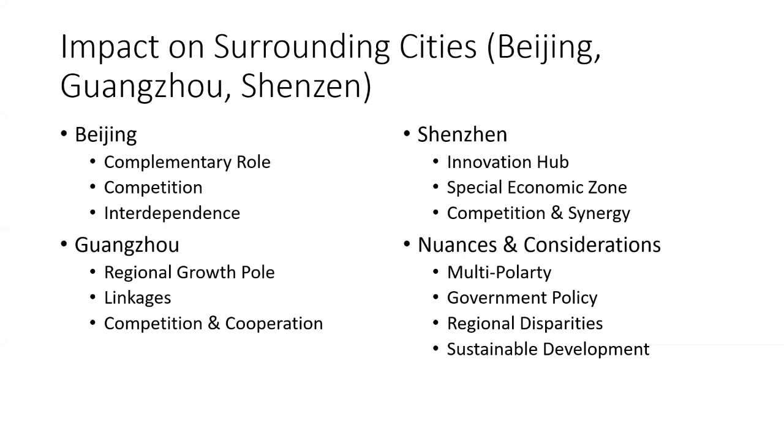And then there is Guangzhou. There are regional growth poles, linkage, and also competition and cooperation. Shenzhen, innovation hub, special economic zone, and competition and synergy.